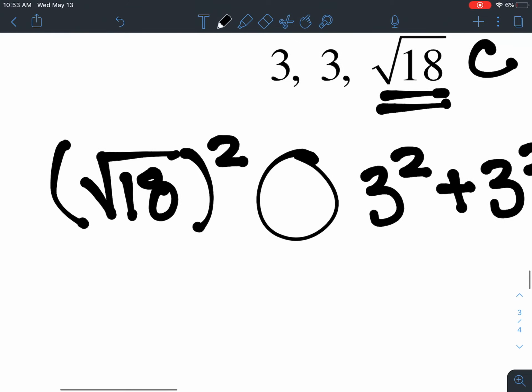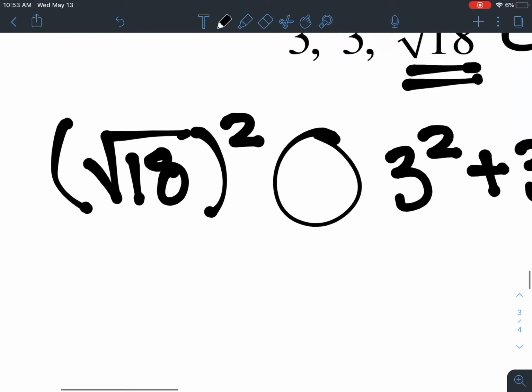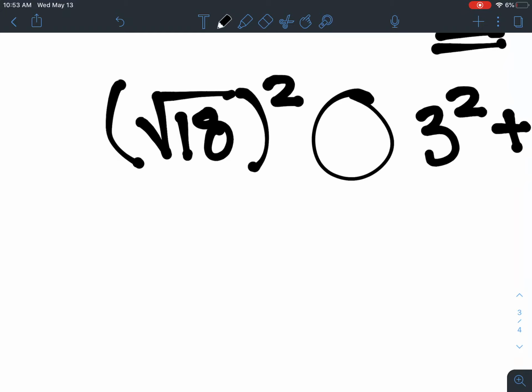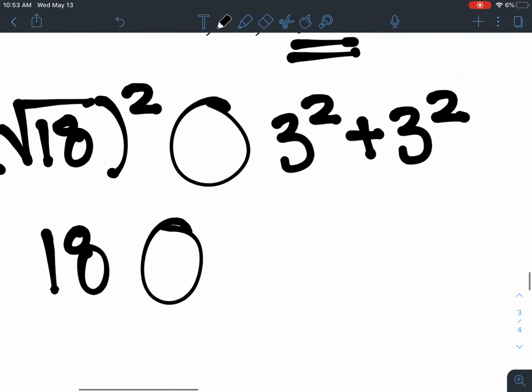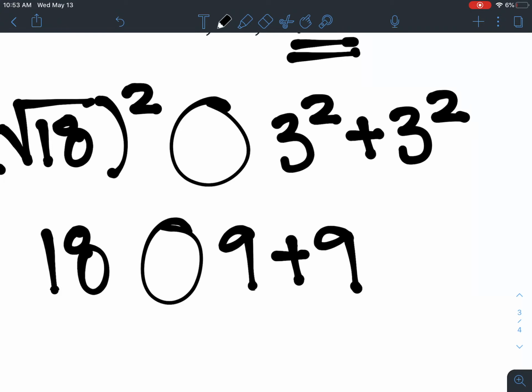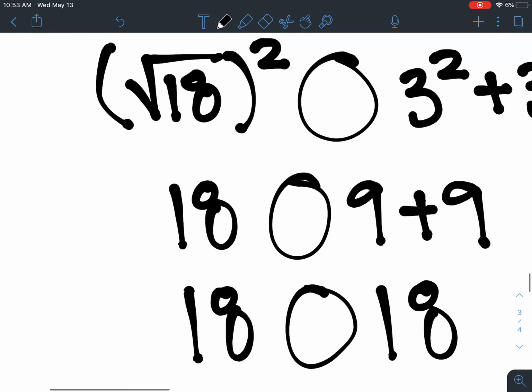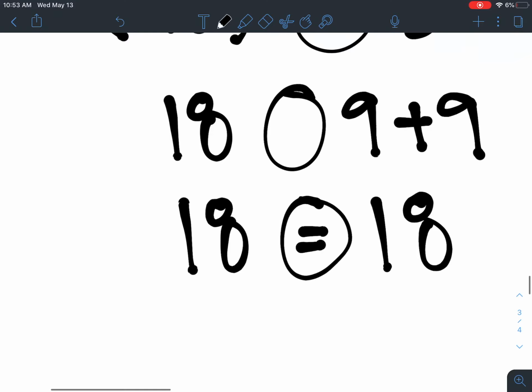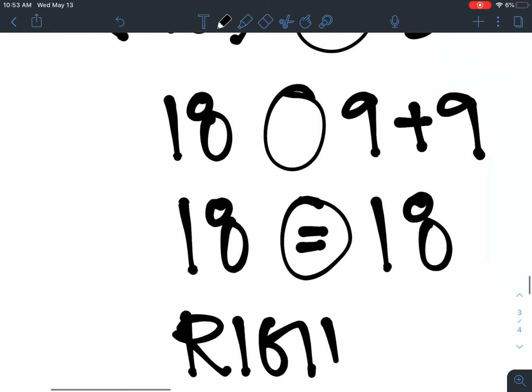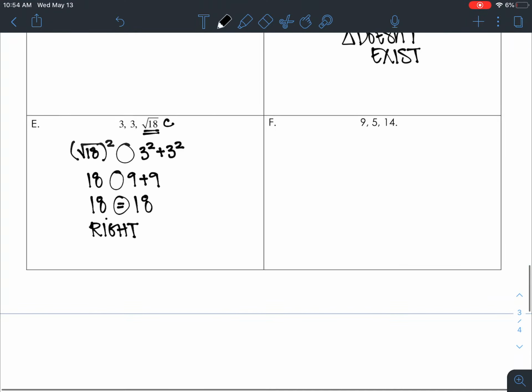Squaring a square root takes the square root away, so the square root of 18 squared is just 18. In comparison to 3 squared, which is 9, plus 3 squared, which is 9, which gives us 18 in comparison to 18, which is equal. So in this case, again, we have a right triangle.